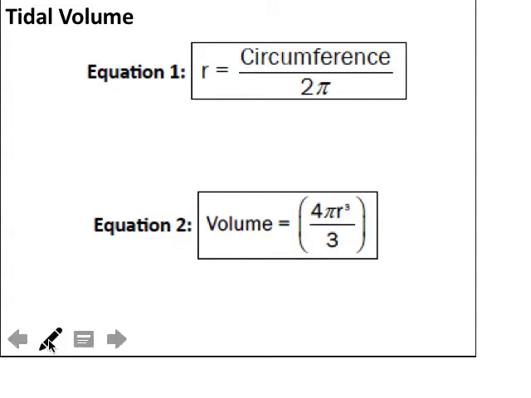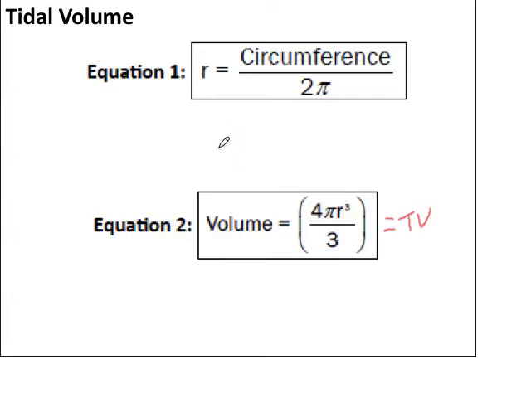Okay, so we can indicate here with equation 2 that this is going to be your tidal volume. Okay, and your respiratory rate was what you computed earlier using the 3 trials and the timer.